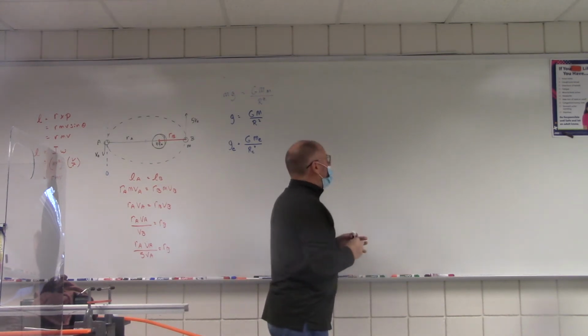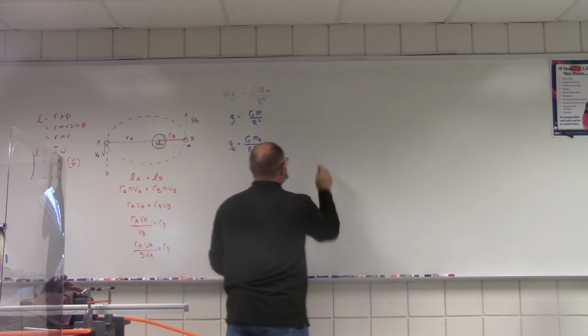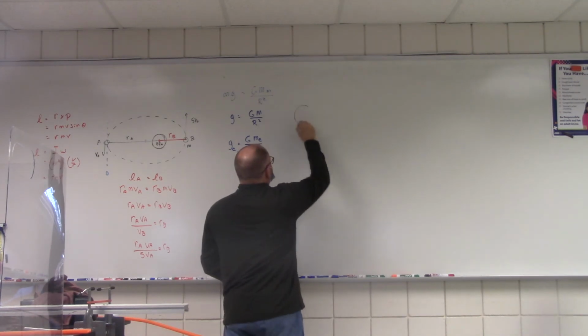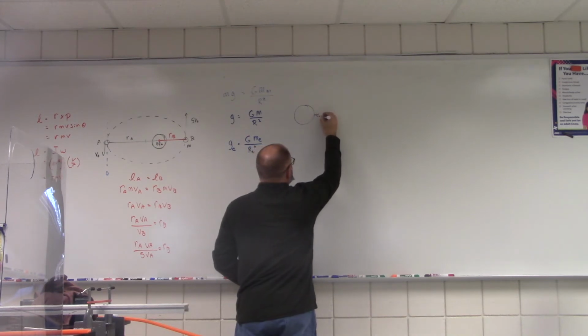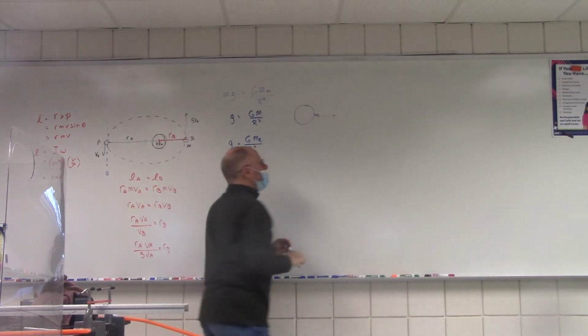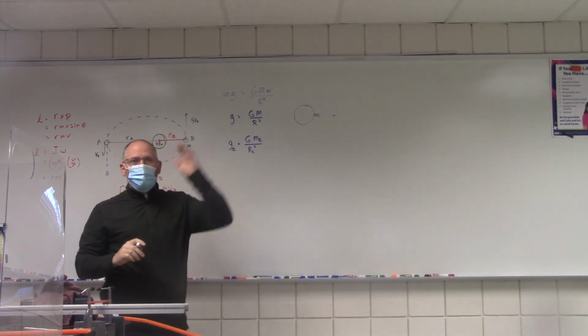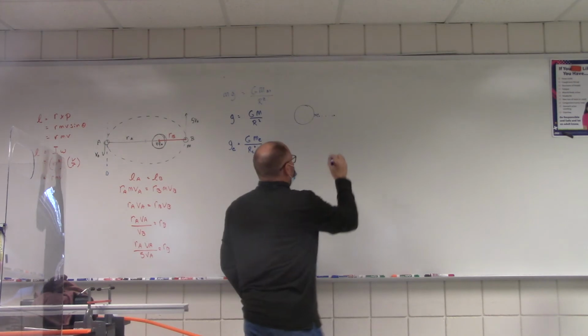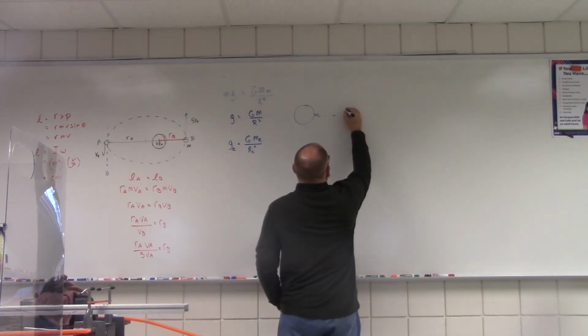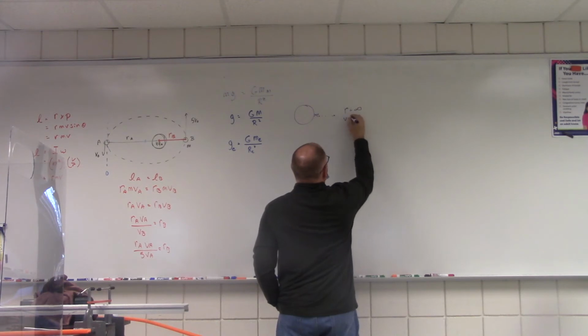So if you're on a planet, and you're going to throw a ball so hard that it's going to go out to infinity, slowing down the whole time. When you get to infinity, r, your distance, is going to be infinity, and it slows down the whole way, so your velocity is 0.